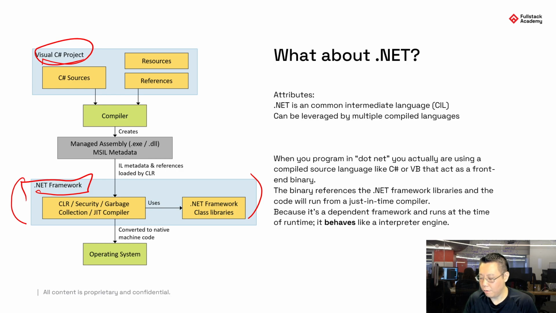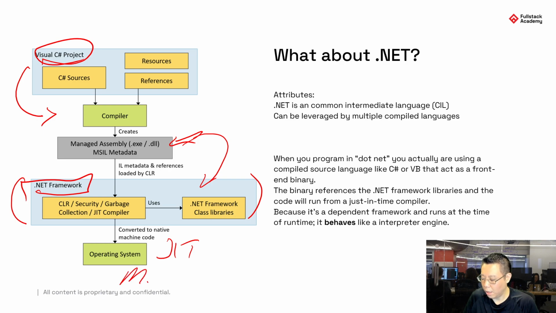So you'll compile your front-end code here, which is your C#, which is still compiled into an exe that can get launched by Windows. And that exe then gets referenced to the .NET framework. That .NET framework then executes a series of commands as interpretative code with a just-in-time, JIT, compiling engine, which then converts that into machine code for your computer to actually utilize.